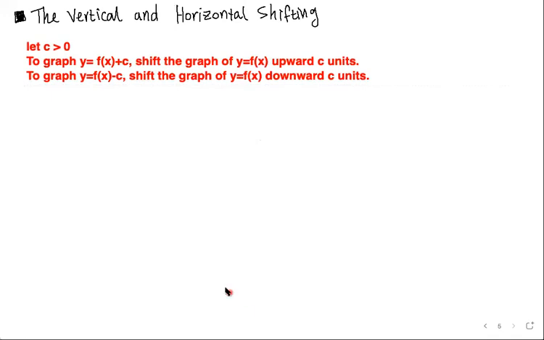And the same thing, if we subtract this positive constant c from the function, the graph is the original graph shifted downward c units. So this means upward, downward, vertical shifting.